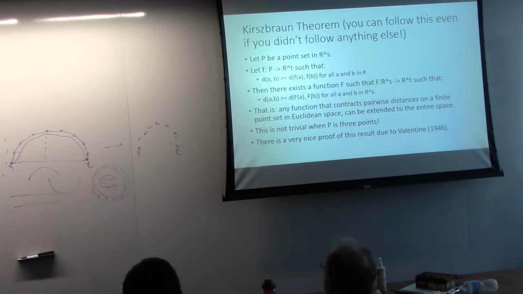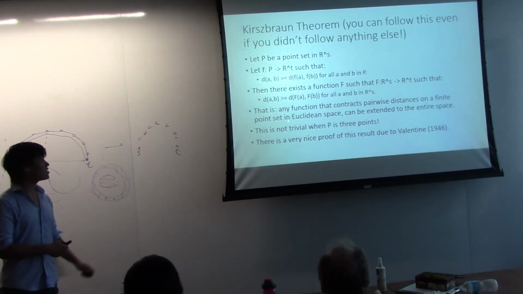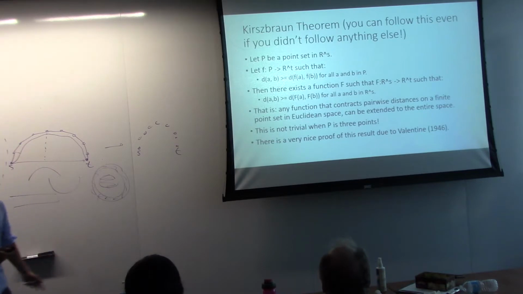So the Kirszbraun theorem is actually this magical theorem in Hilbert space, but it also works in real or Euclidean space as well. What it basically says is, let's say you have a function from a point set to another point set. This function just happens to contract all your Euclidean distances.